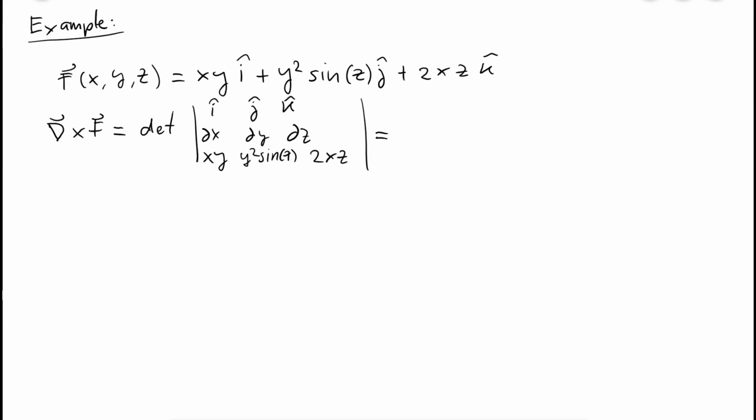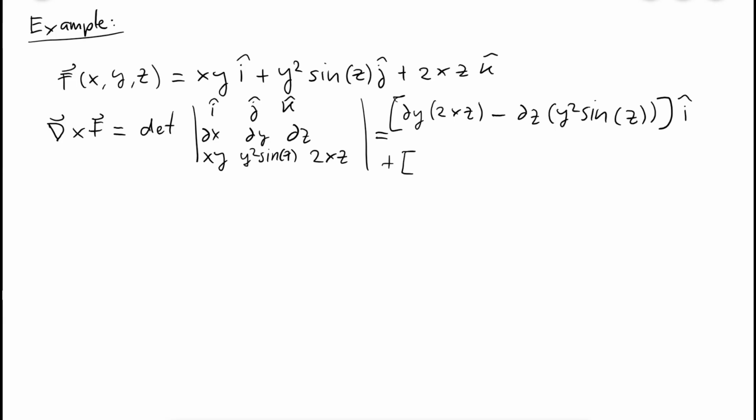Just using the formula, this is the partial derivative with respect to y of 2xz minus the partial derivative with respect to z of y squared sine of z, and all of this will be in the i direction.